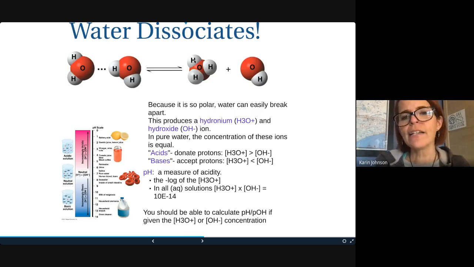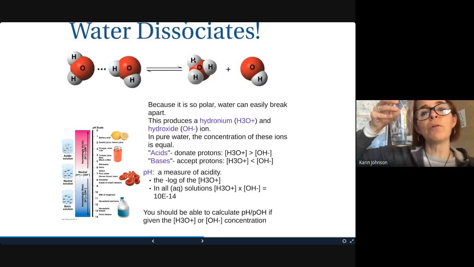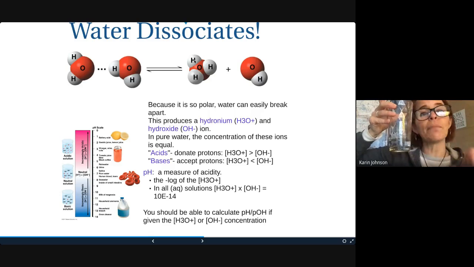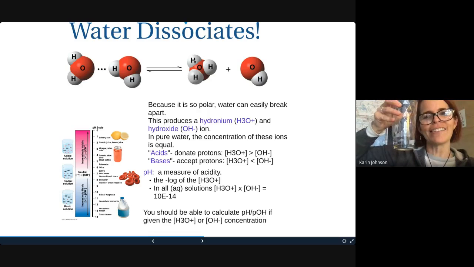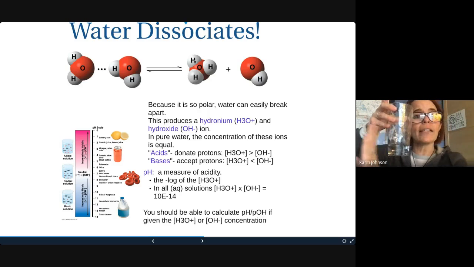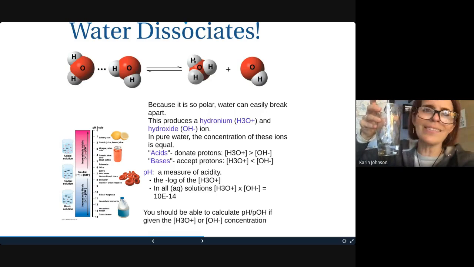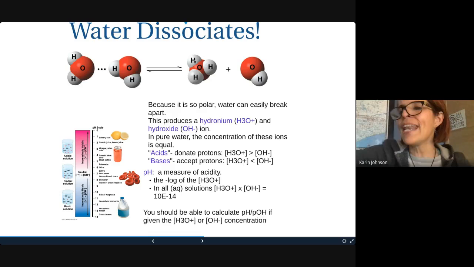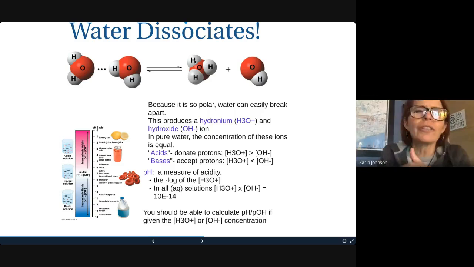So if I dump hydrochloric acid in my water, the pH might now, instead of being pH 7, be a pH 2 because it has lots of hydrogen ions. If instead I add sodium hydroxide, now the pH might be a pH 12 because it doesn't have very many hydrogen ions anymore. All right, you do not need to be able to calculate pH, even though it says you should be able to. We'll learn that a little bit later in the year. I am going to move on.